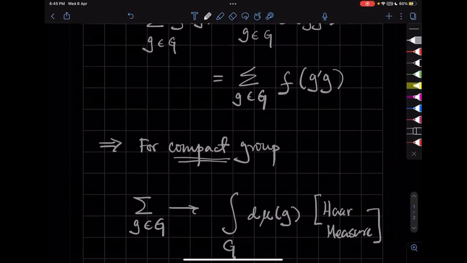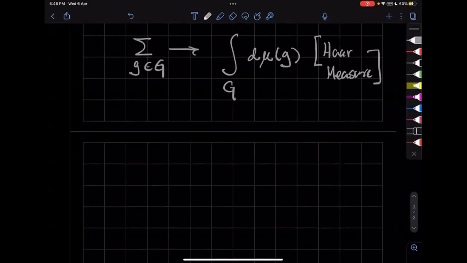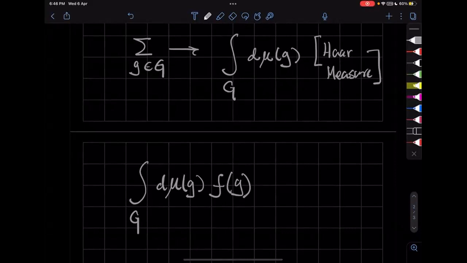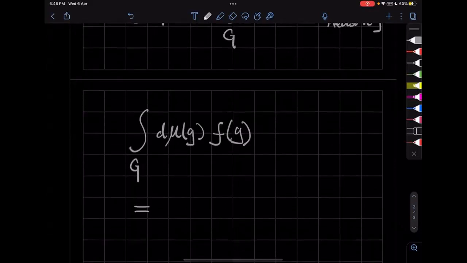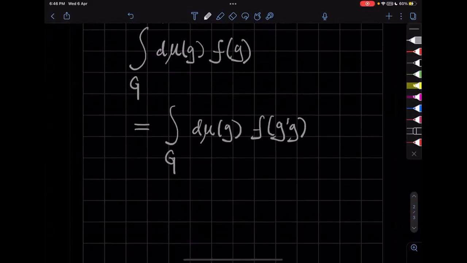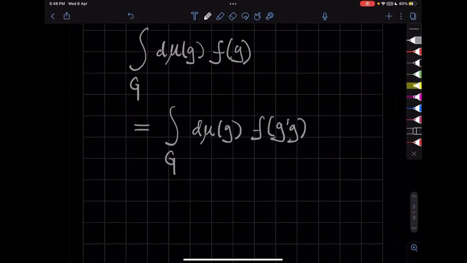So this theorem gets generalized to the theorem that the integral over the whole group using the Haar measure, with some integrand which is a function of the group element, remains invariant if we change the argument by right multiplying or left multiplying by some specific element of the group.